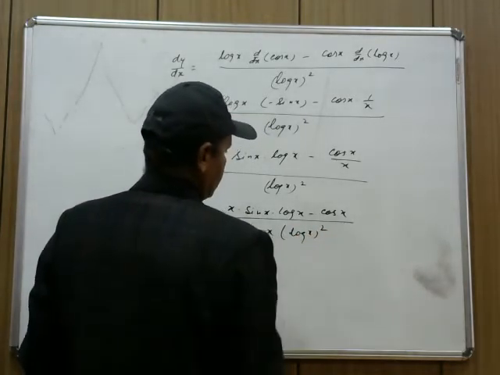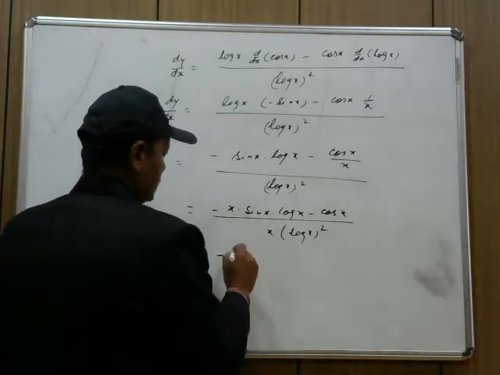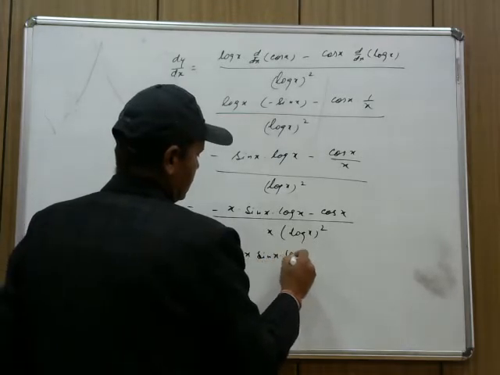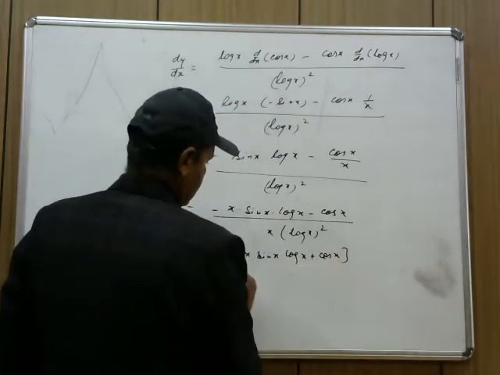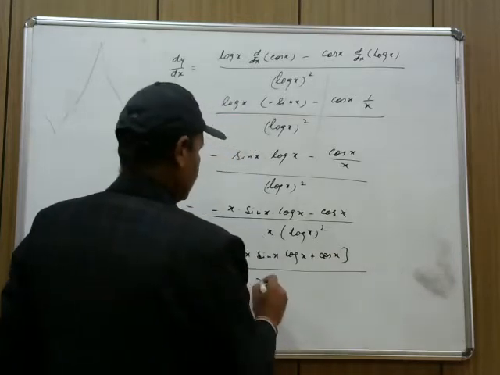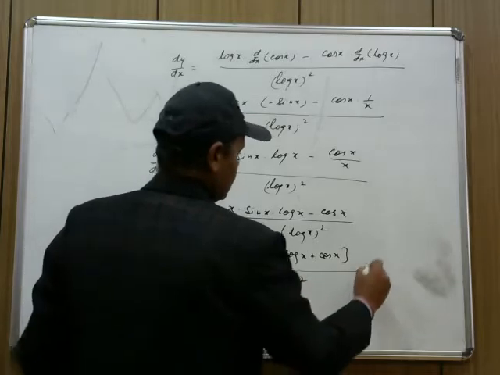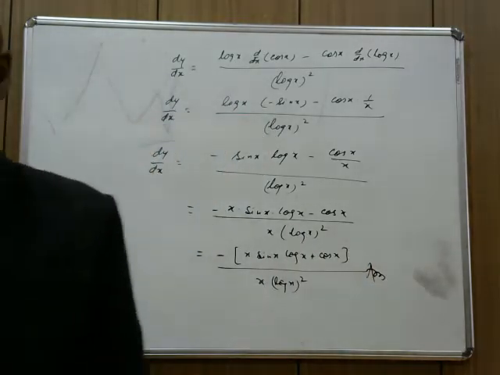Log x whole square. If I take common minus, dy by dx is equal to minus x sin x into log x plus cos x, whole divided by x into log x whole square. This is the differentiation of this function.